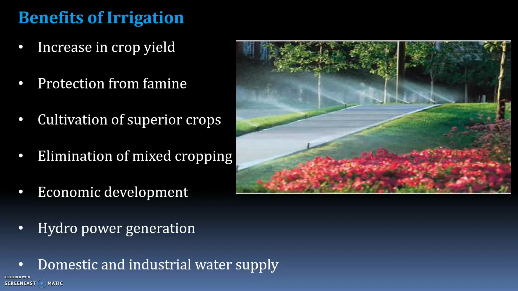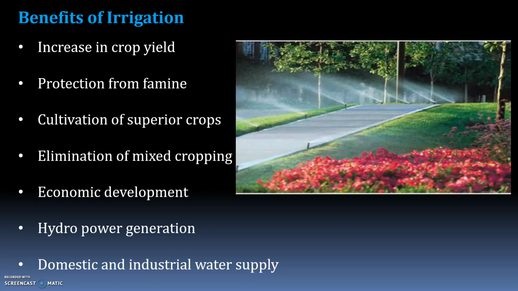Here, due to the controlled and timely supply of water to the crop, the yield is increased. With the assured supply of water, superior crops take the place of inferior crops, and thus the value of crop is increased.